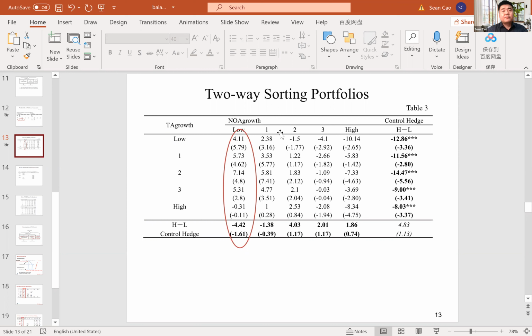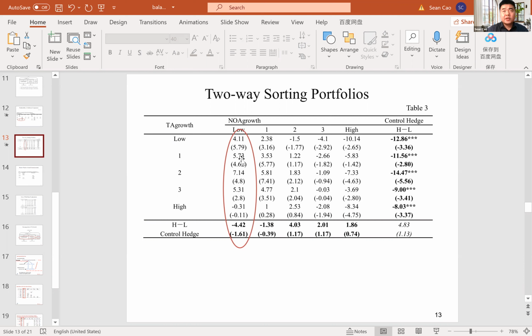Okay, so what does this table mean? What do I mean by you have to sort the whole stock? Each year in the US we have about 5,000 stocks. You sort the stocks based on NOA growth.